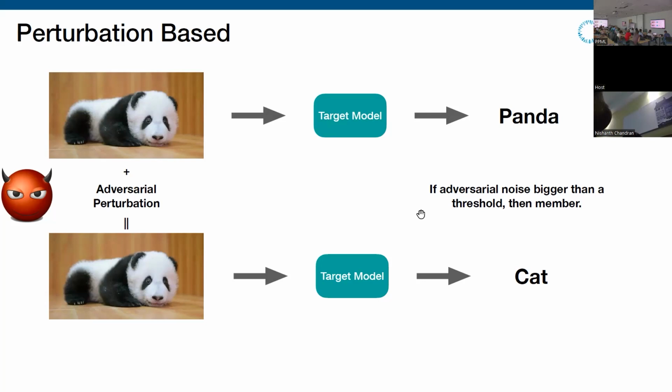For a member sample, you need to add larger noise to make it misclassified. For a non-member sample, less noise. You can use the magnitude of the noise to judge whether a sample is a member or not. Again, it's metric-based: you find a threshold, which you can find with shadow models. But the intuition is that a member sample is harder to become an adversarial example than a non-member sample. Questions?